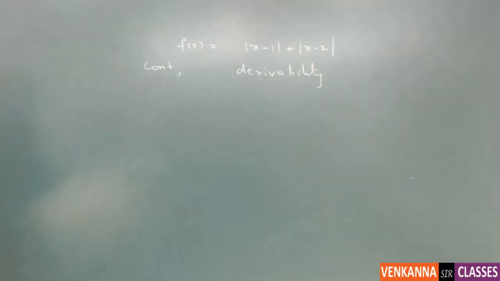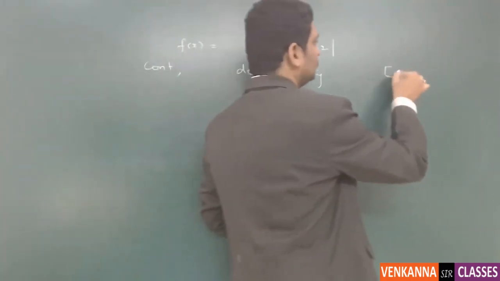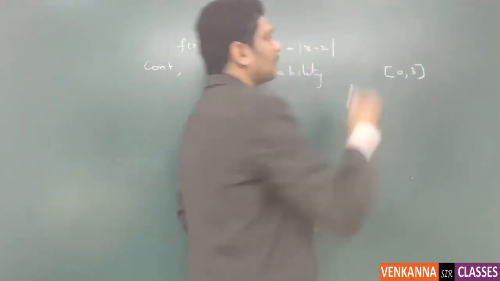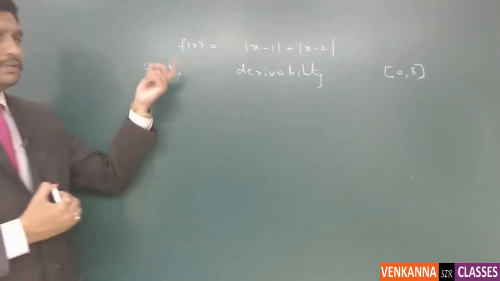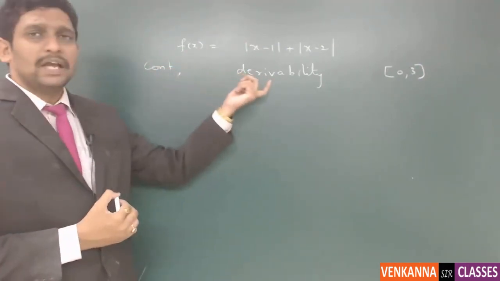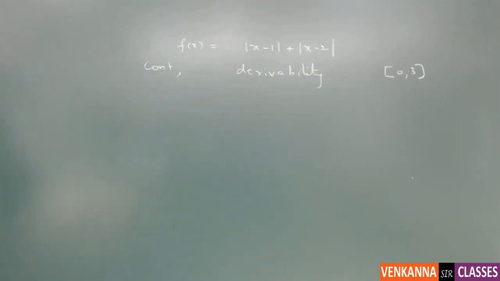So here, the interval which we consider is closed interval 0, 3. On this interval, the function is defined as modulus of x minus 1 plus modulus of x minus 2, and we are going to check for the continuity as well as derivability for the interval. Okay? Is it clear?